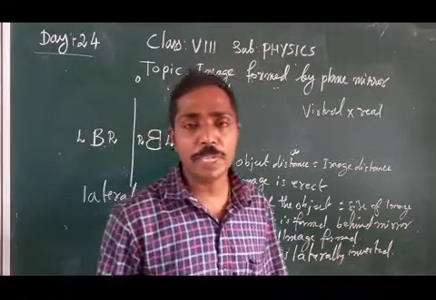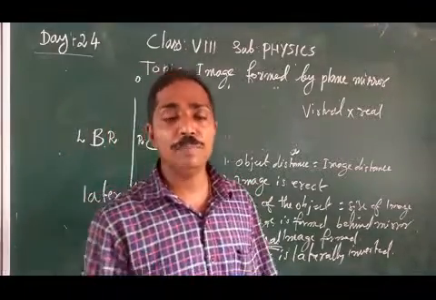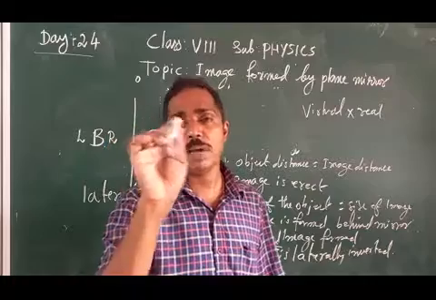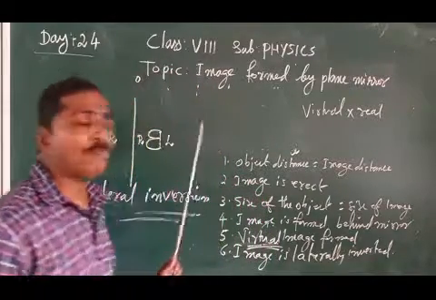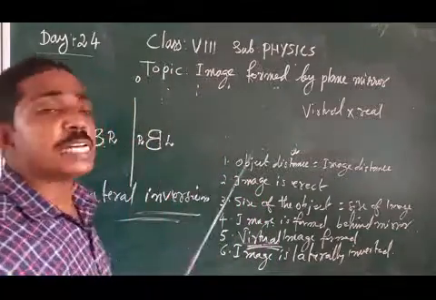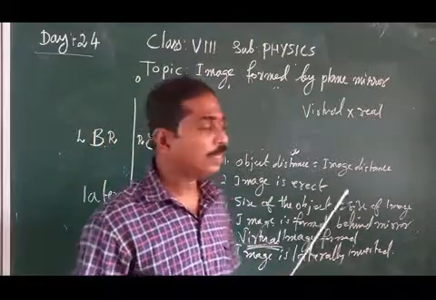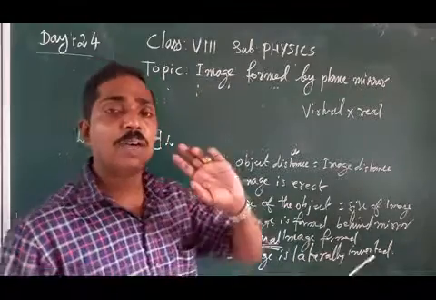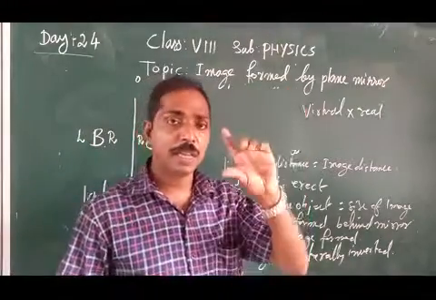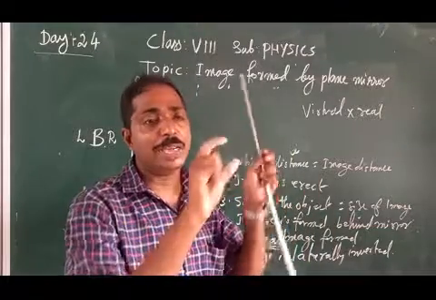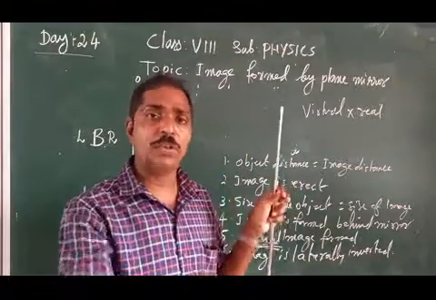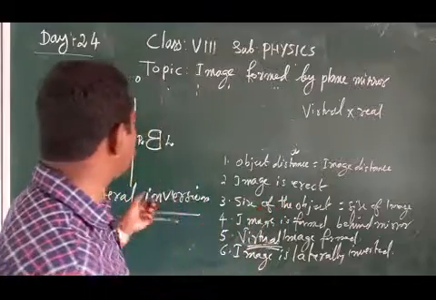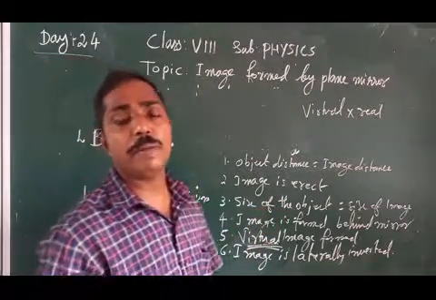That is a very important point that we can see on an ambulance, how the letters are written. The word ambulance is written in a laterally inverted way only. Left and right interchanged. When we write ambulance and see it in a mirror, how it is observed, that we can see in the case of a plane mirror.